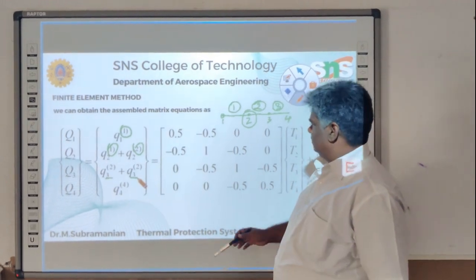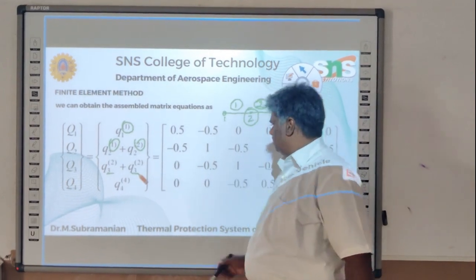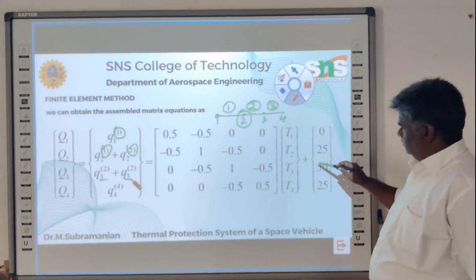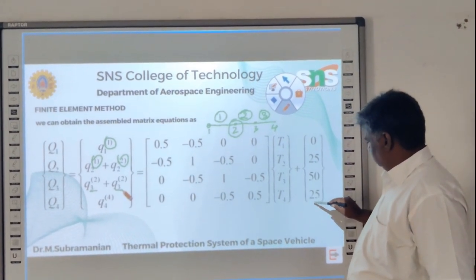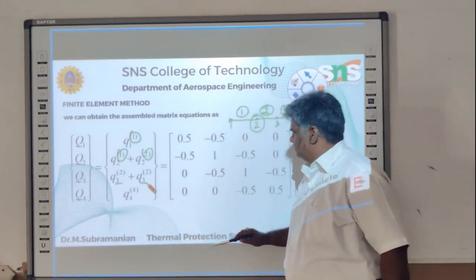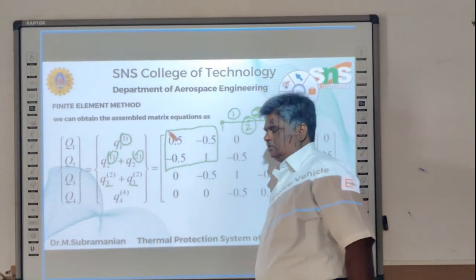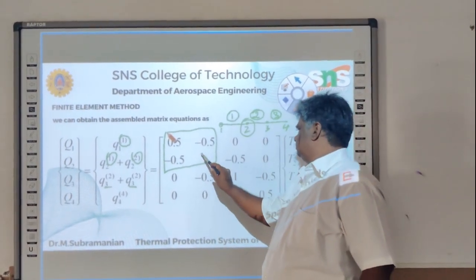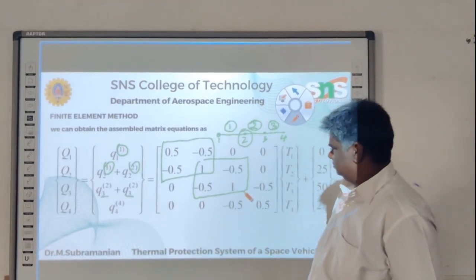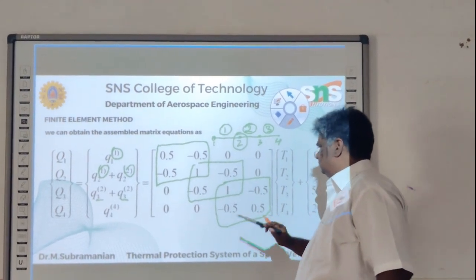So carefully rearranging this equation for the thermal load vector, substituting 25 plus 25, 50 plus 25. Then substituting this stiffness matrix for element 1, the stiffness matrix for element 2, and the stiffness matrix for element 3.